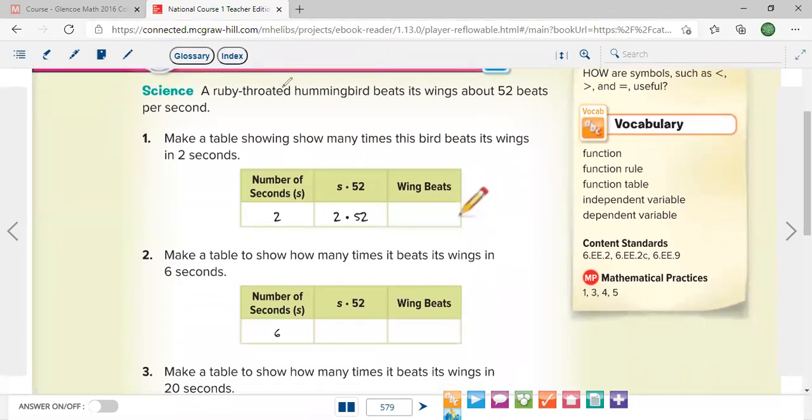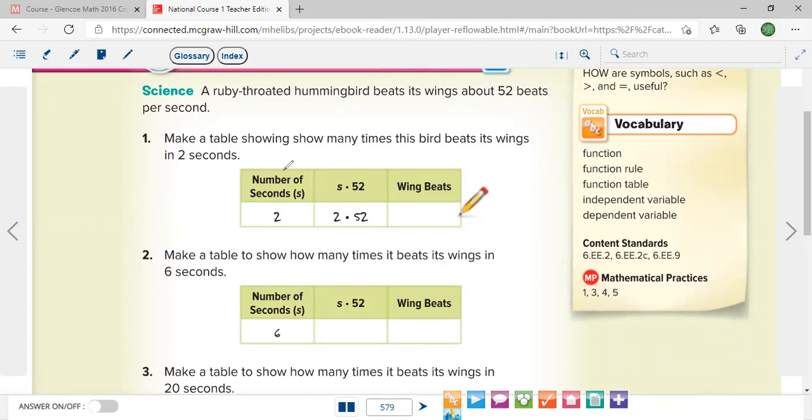A ruby-throated hummingbird beats its wings about 52 beats per second. Too fast. 52 beats per second. Number 1. Make a table to show how many times this bird beats its wings in 2 seconds.